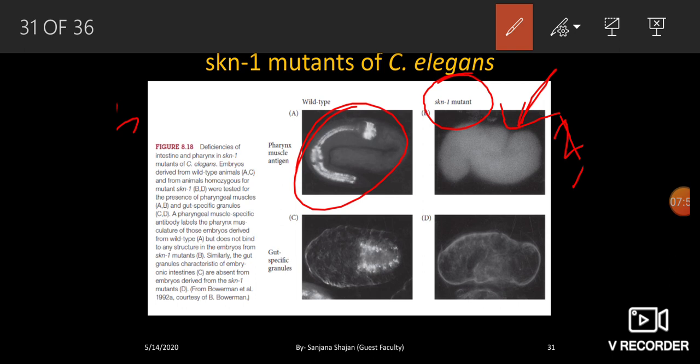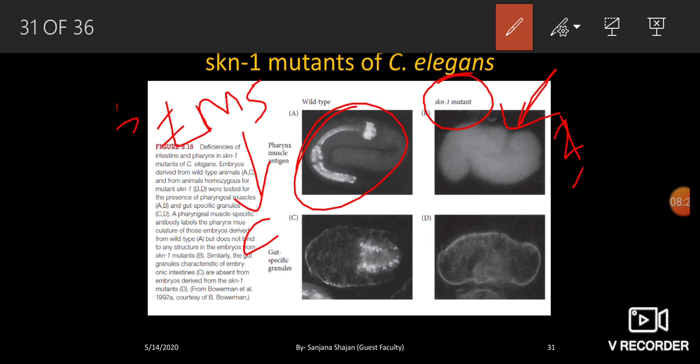From this, the conclusion they came to was that the EMS cells were respecified as C. So what is the function of C? If you go back to that chart, you will find that C is very important to form the muscle and the hypodermis neurons.